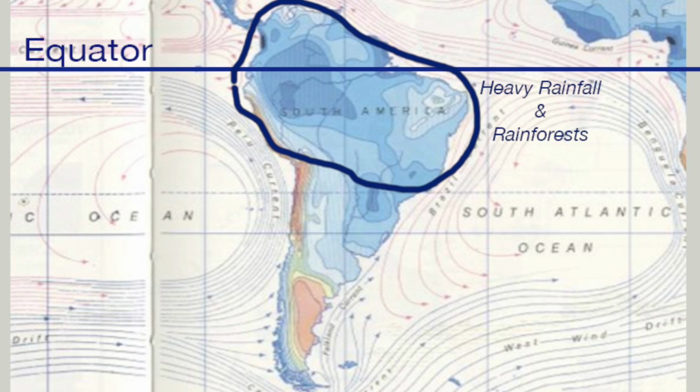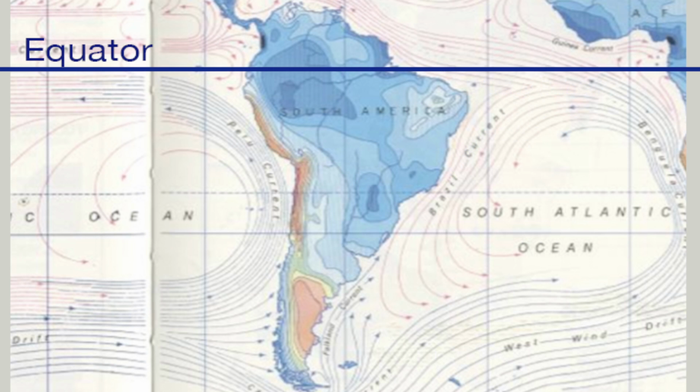And finally, returning to our discussion of the global wind patterns, you'll recall that immediately north and south of the equator, the prevailing winds are from east to west, easterlies or trade winds. And as this illustration shows, this brings the prevailing winds across the Atlantic Ocean onto the mainland of South America.